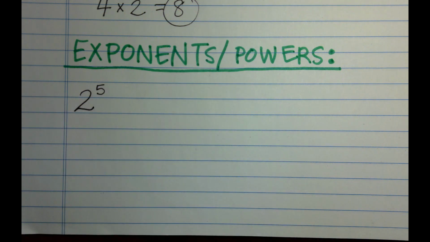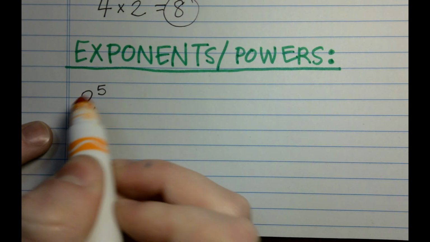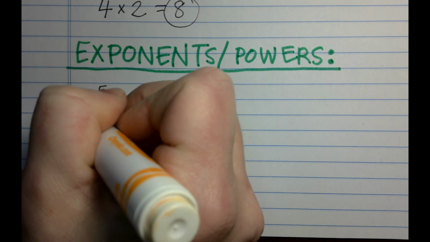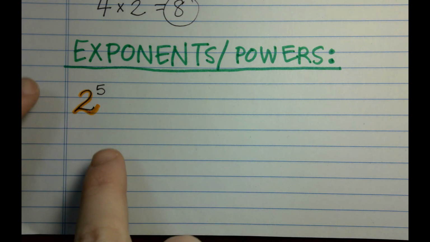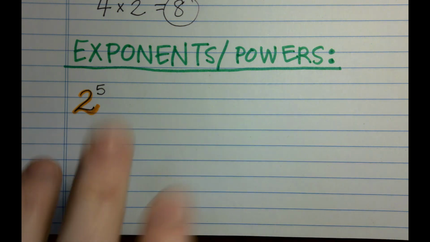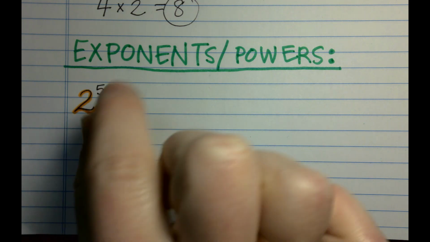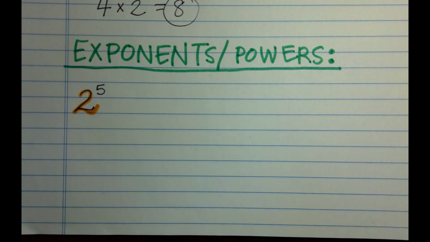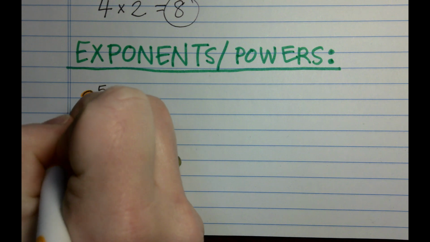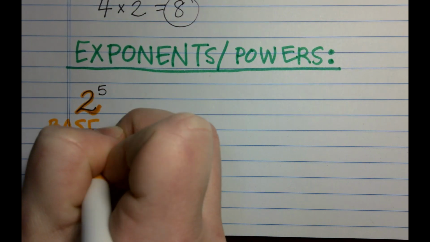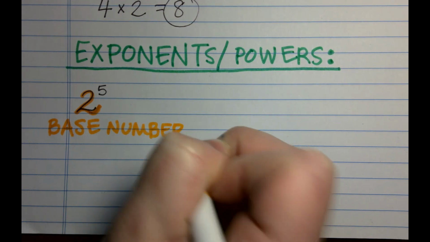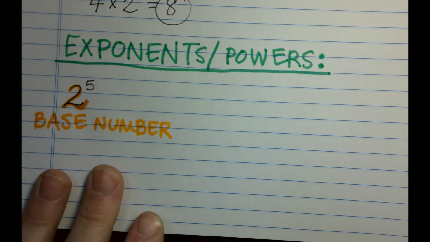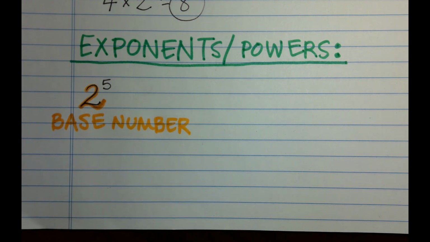Before we talk about what this means and how we solve it, let's put a name to what these numbers are. In this problem, the big number, big visually, not big in number size. I know 5 is bigger than 2, but 2 is the big number, 5 is the little bitty baby number. We call this our base number. Two is our base number, whatever number is being put to a certain power.